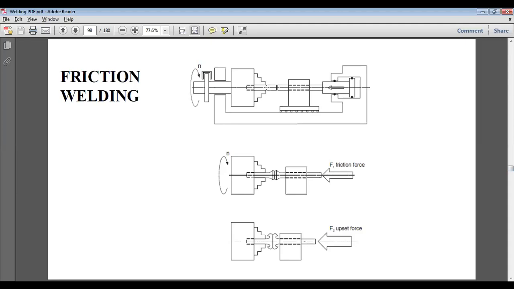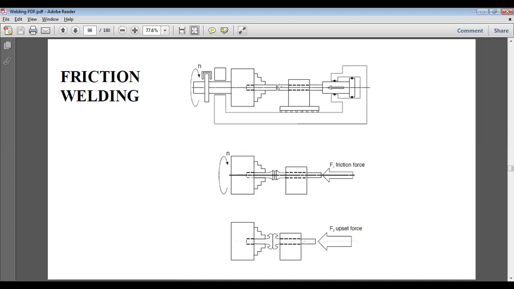We rotate the live center at high speed, rubbing against the part that is stationary in the dead center. The right side portion is stationary and the left side portion is rotating at high speed. There is friction between the two matching surfaces, and this produces heat, which is used as the heat of welding.